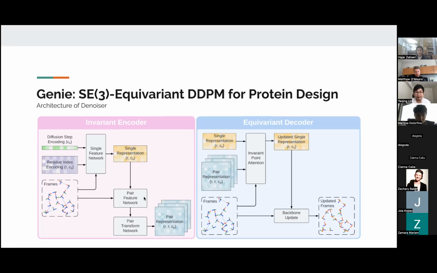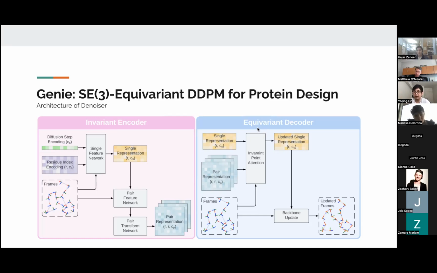We have the pair representation network, which combines the single representation and the frame representation into a pair representation. A pair transform network uses the triangular multiplicative updates module from AlphaFold 2 to reason about and refine the pair representation. All of this is done in the latent space. The idea is that you do the reasoning in the latent space, and then later you map that latent information to update your coordinates.